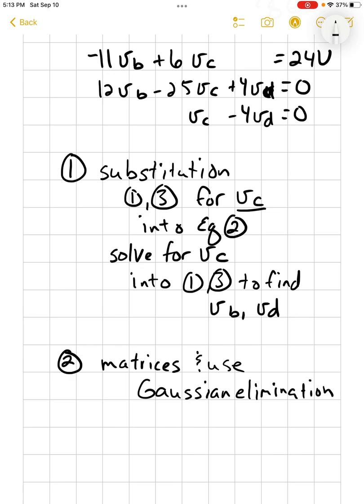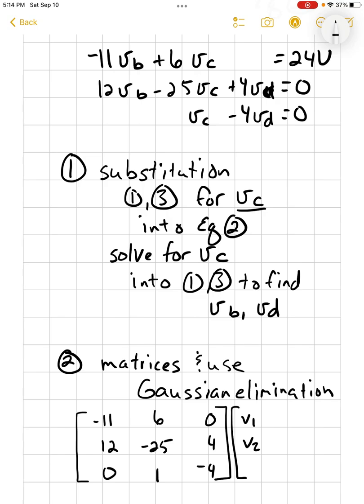Okay, so what would that look like? Well, you're going to have minus 11, 12, 0, 6, minus 25, 1, 0, 4, minus 4, and those, of course, will give you your V1, V2, and V3, and then you can have your 24, 0, and 0.